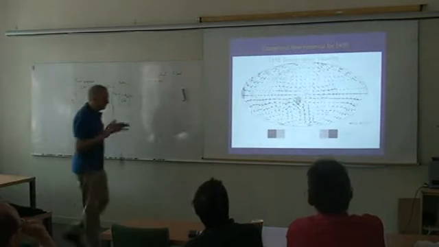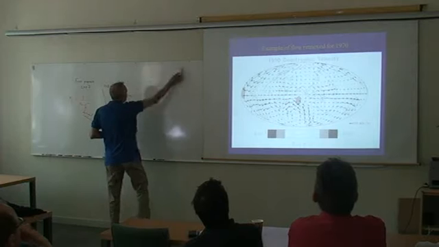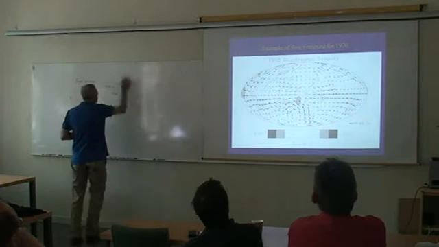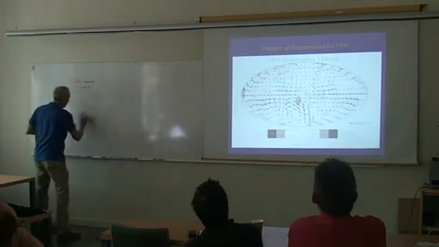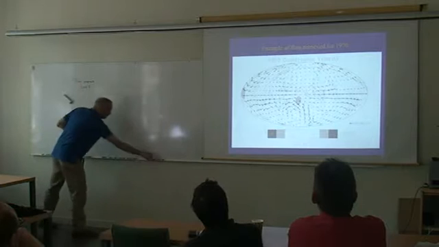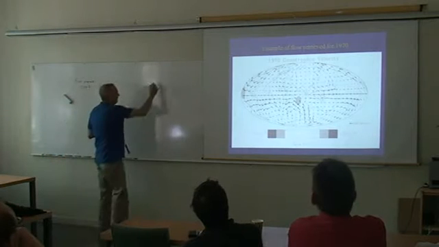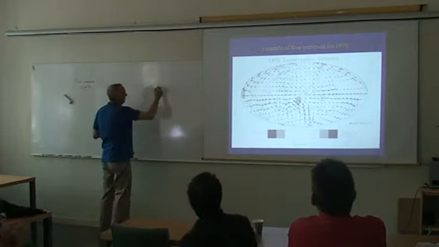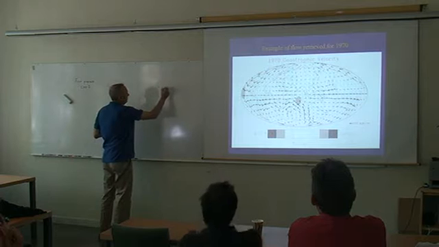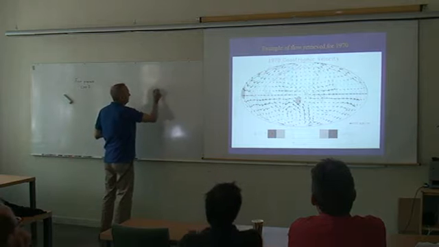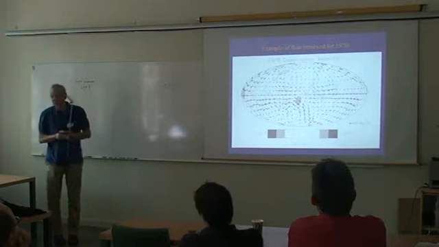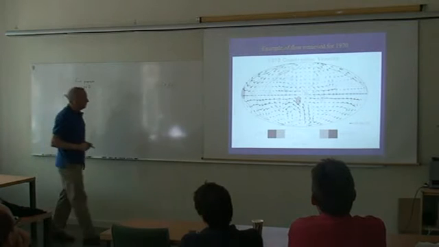So, let me now tell you what the Grenoble group have done. It's a little bit of a long story, but they take the field model, which we've looked at already. The field model is a function of theta, phi, and t.